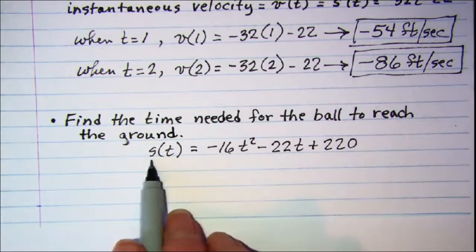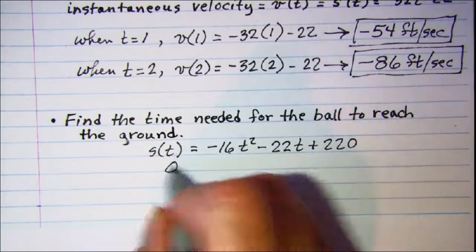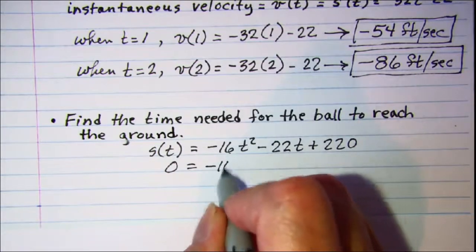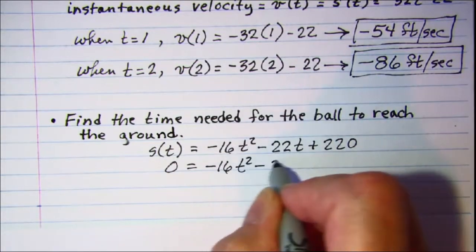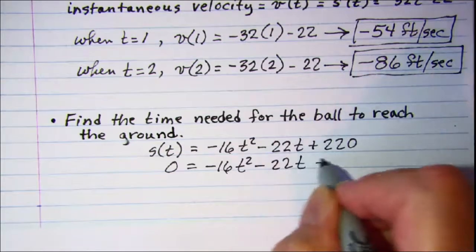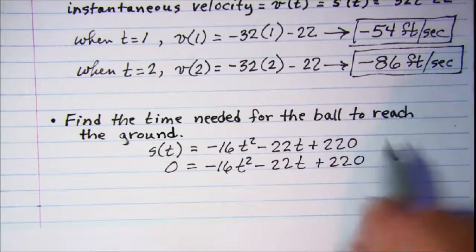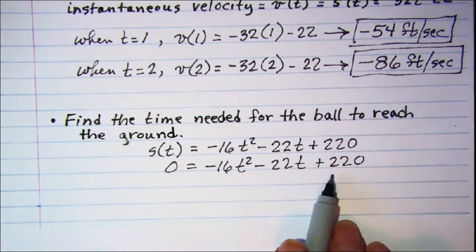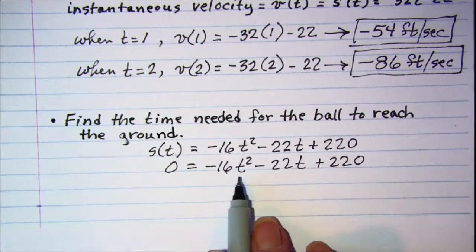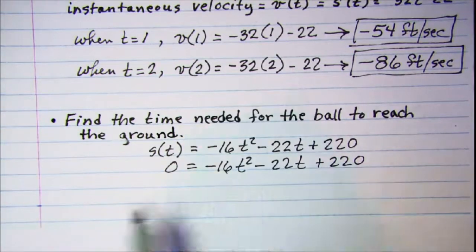So our position needs to be 0 for it to reach the ground. So here we have a quadratic. Let's solve that using the quadratic formula.